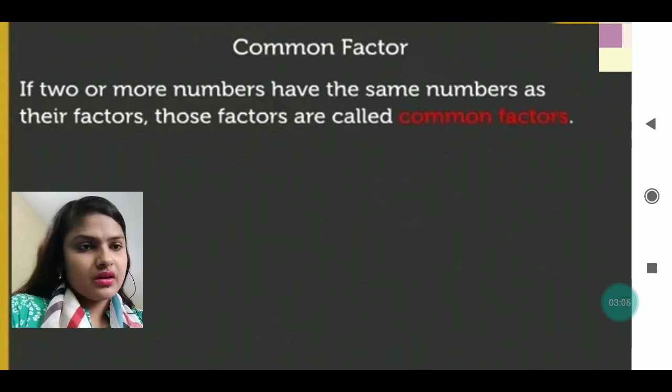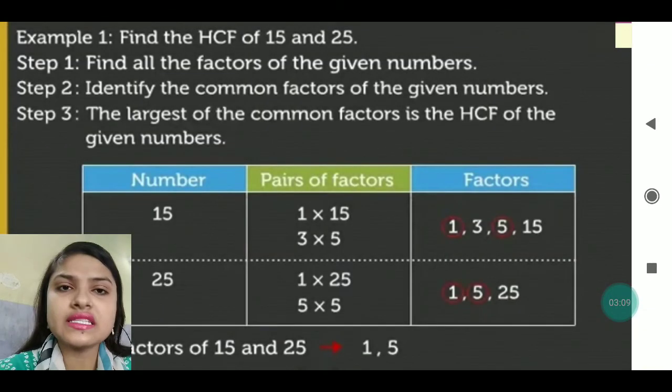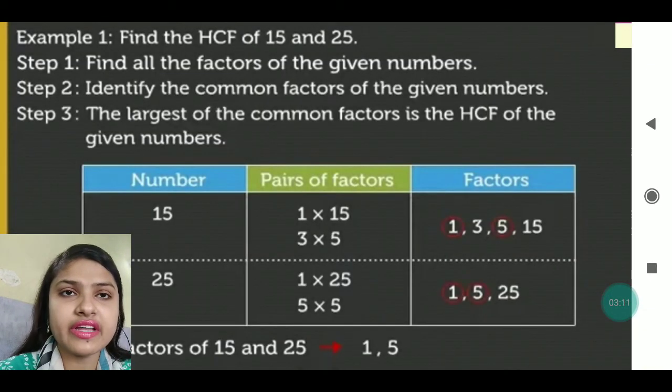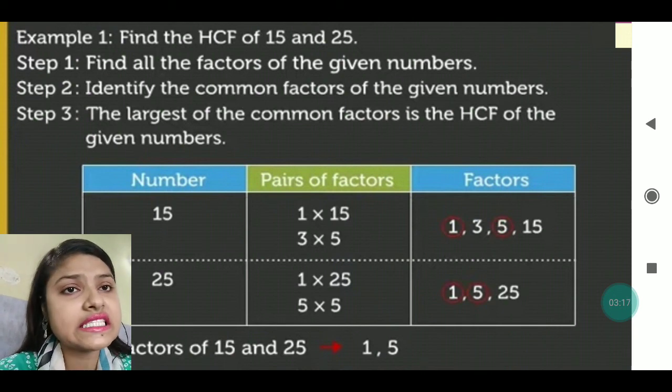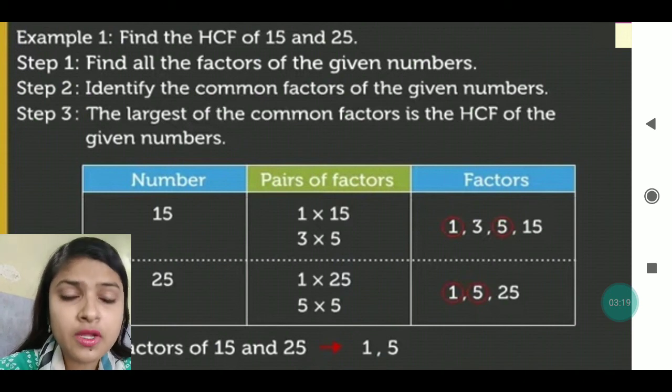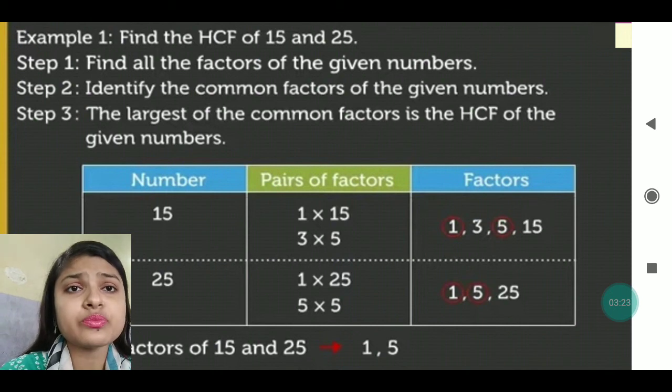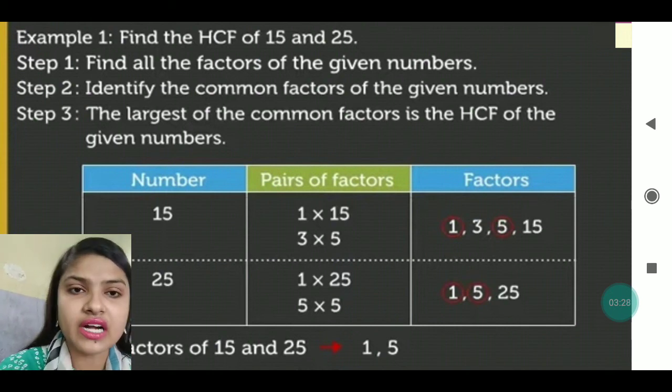Let's see an example which is given here: find the HCF of 15 and 25. These two numbers are given and you have to find their HCF. How will we find it? Just find all the factors of the given numbers.